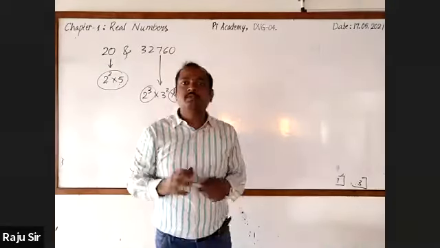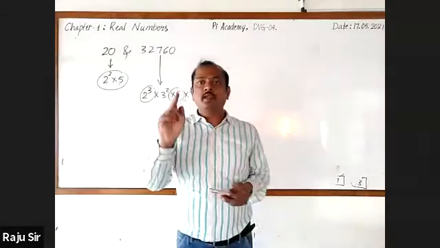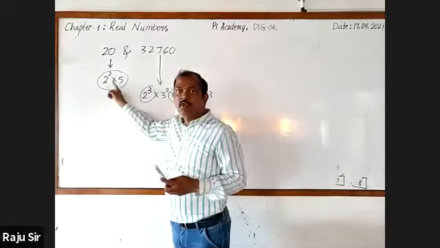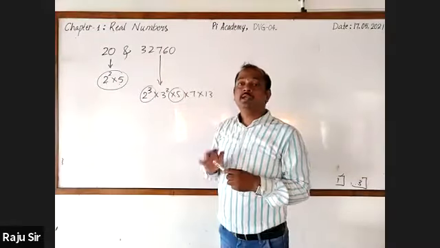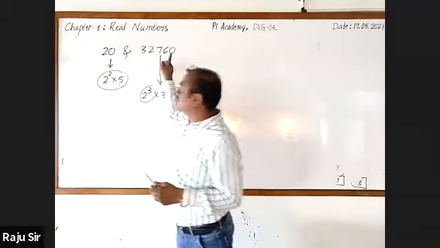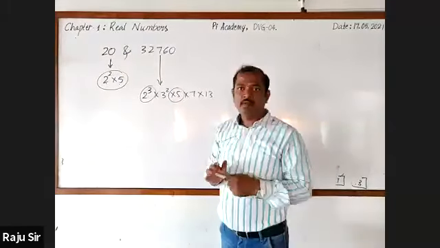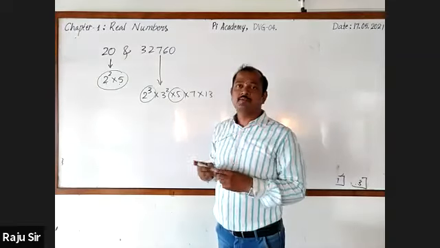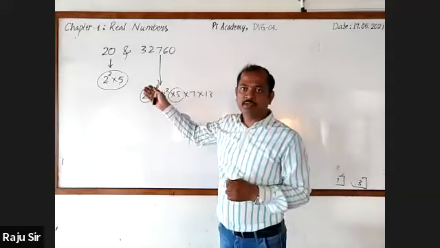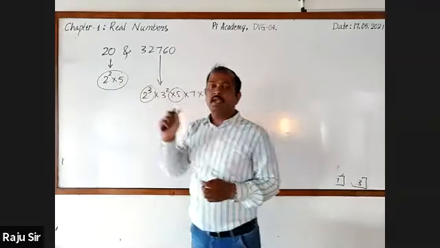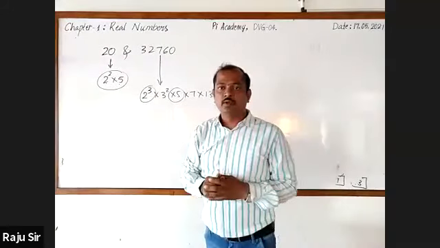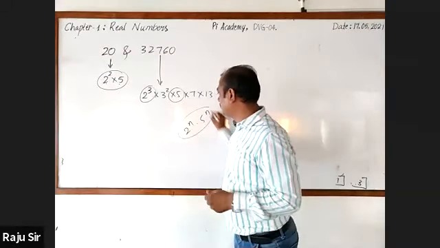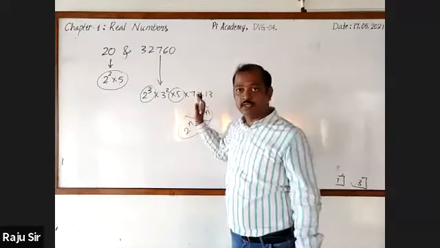So from this we can conclude that any number whose prime factorization consists of both 2 and 5 ends with 0. Clear? This is the uniqueness of the fundamental theorem of arithmetic with respect to a number which ends with the digit 0, not 2 raised to the power n into 5 raised to the power n. It will come at last, I'll tell you that.